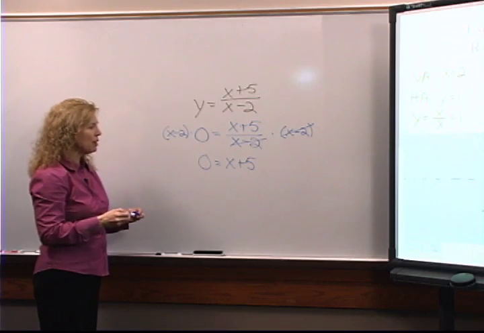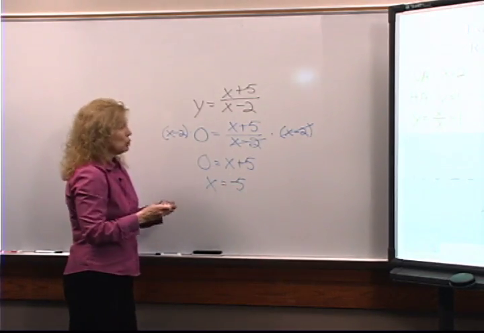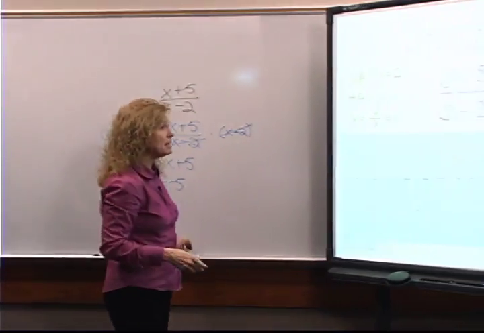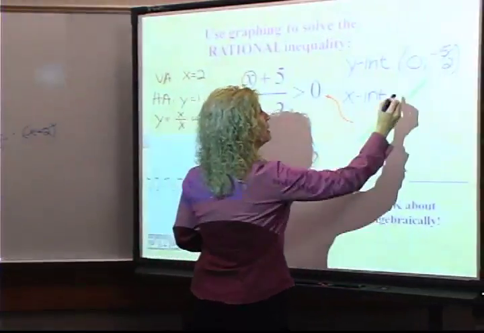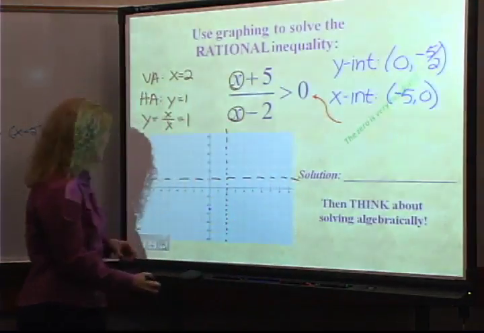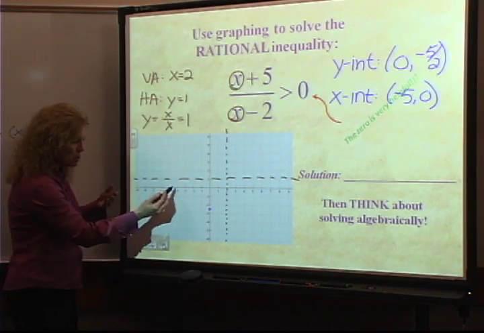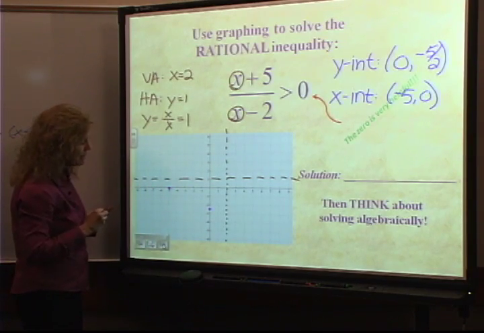And of course, that solves with x equals negative 5. So my x-intercept is negative 5, comma 0. And that's pretty much what I had thought would happen, somewhere over here on the negative side it was going to hit.